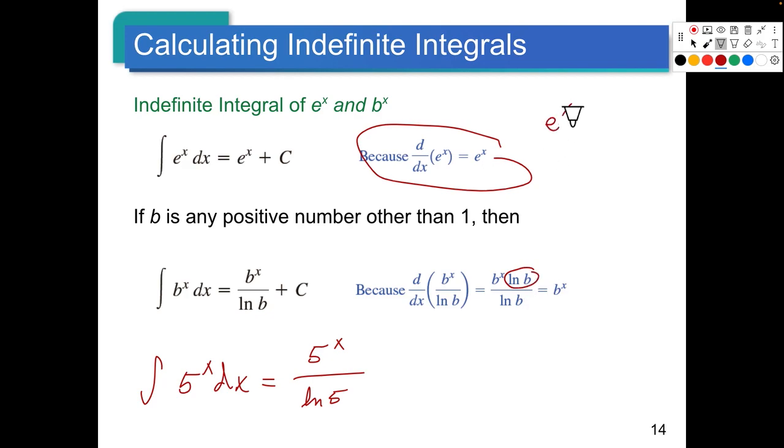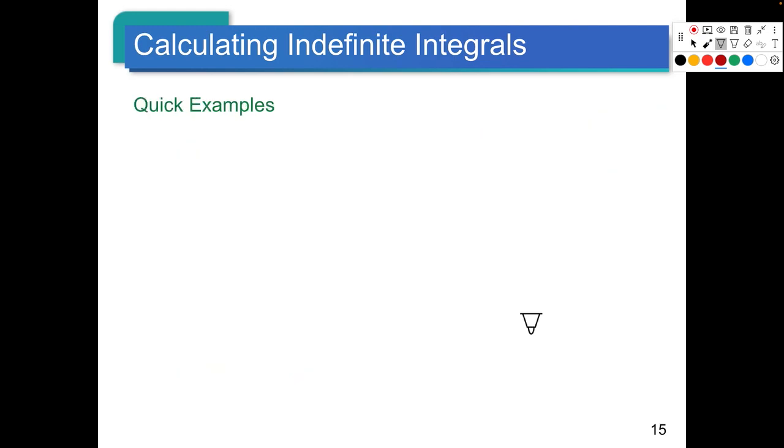So actually e to the x, its derivative is natural log of e times e to the x, but the natural log of e is 1, right? So we don't worry about it. We just say it's e to the x. But when we have something that's not e to the x, we need that natural log of the base. Okay, I don't think we do a lot of that. Last time they didn't even put that on the test, so we'll keep track. But just remember there's that one too.